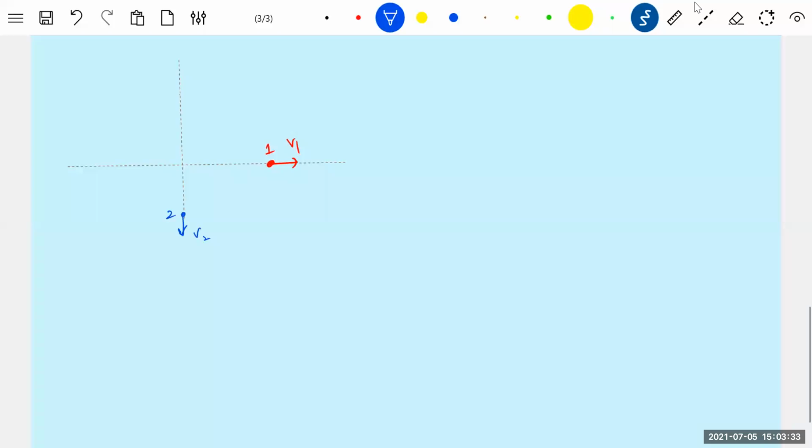Let's go for some vector diagram. This is V1 bar. This is the V2 bar. Then the resultant V12 bar, in red color. We'll see in what direction the resultant V12 bar will be.